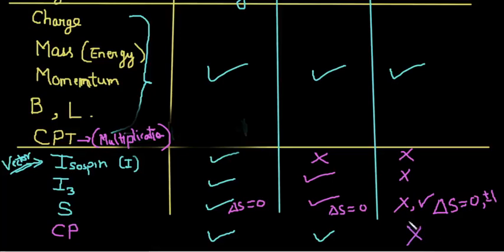So with CP, strangeness, isospin, and the third component of isospin, you can easily find out which type of interaction it is. And with the above exact physical quantities that have to be conserved, you can easily find out whether a reaction is possible or not.